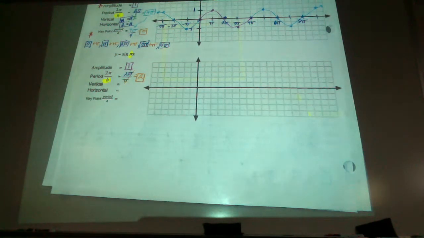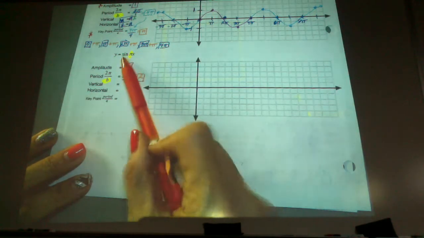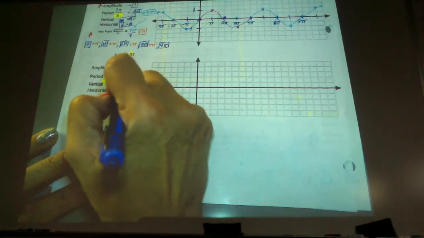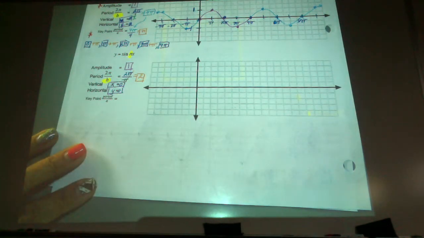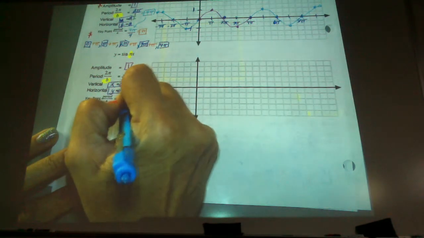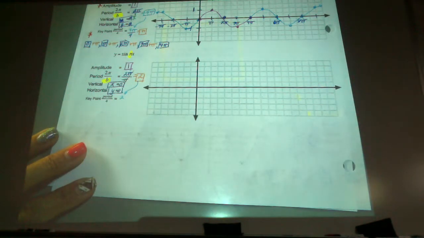Which is really easy for you to think in terms of partitioning. So again, I have nothing added or subtracted inside or outside the function, so my vertical and horizontal axes are x equals 0 and y equals 0. But our key points, we're starting off with 2 as our period.